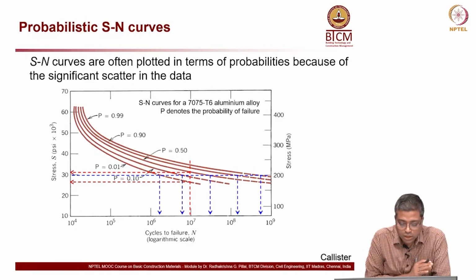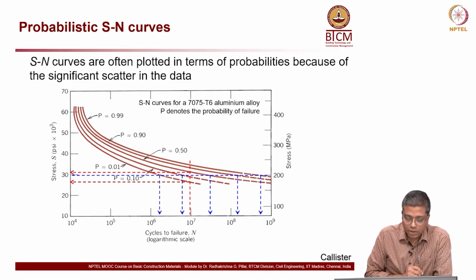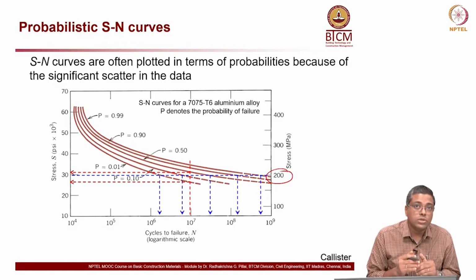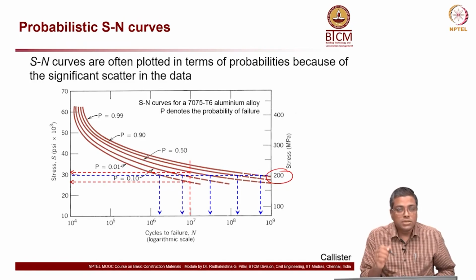Now, focus on the blue dash lines. Look at the horizontal blue line. Okay. Now, I know the corresponding stress is 200 megapascal, the stress corresponding to the horizontal blue line. Now, I have to see the number of cycles at which some probability of failure can be defined.